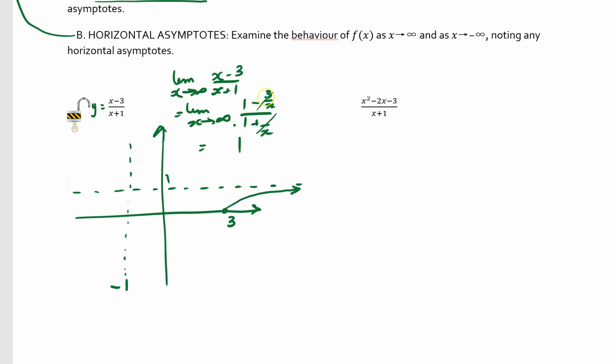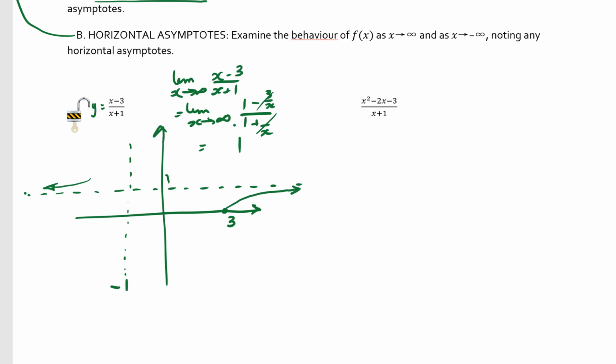So what I'm trying to say is that this means we will be coming towards the asymptote from above, like a value a little bit more than 1. So we're heading towards 1, but we're coming from the positive side of it.